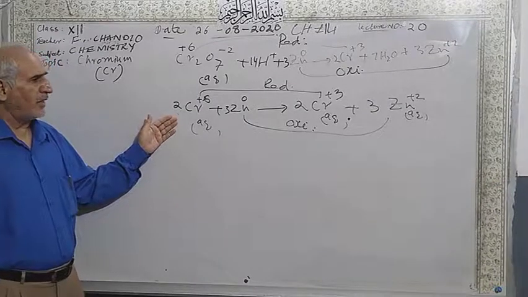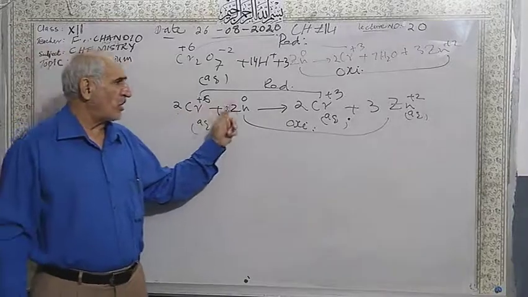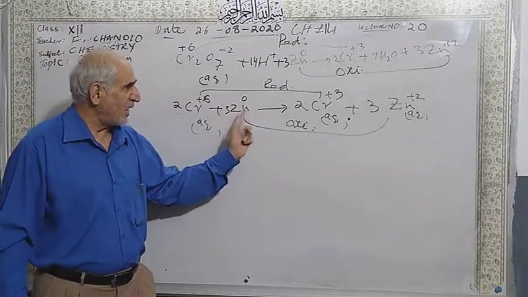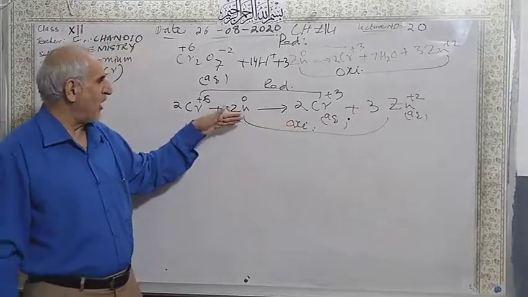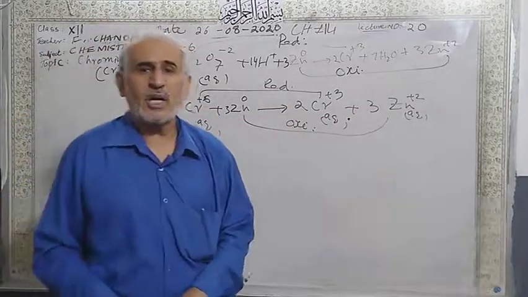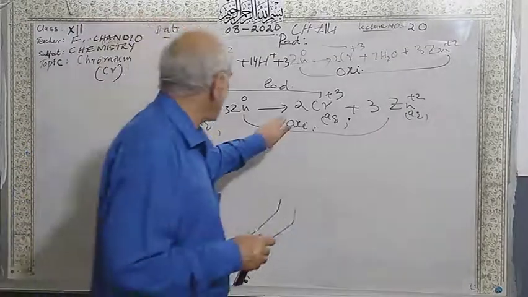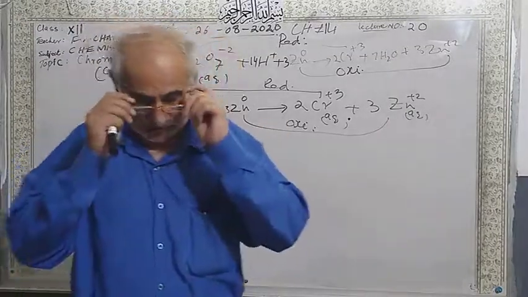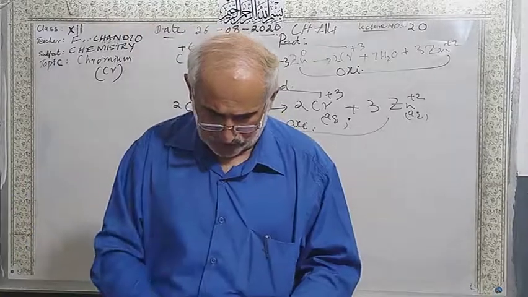So this is a complete cell. We've done one called the oxidation half cell reaction, zinc to zinc 2, and chromium 6 to chromium 3 is the reduction half cell reaction, and this reaction is called a redox reaction. So a redox reaction is going to be formed.